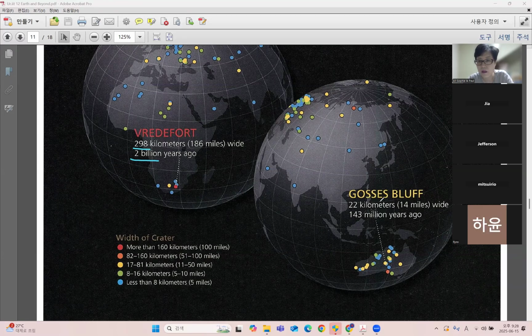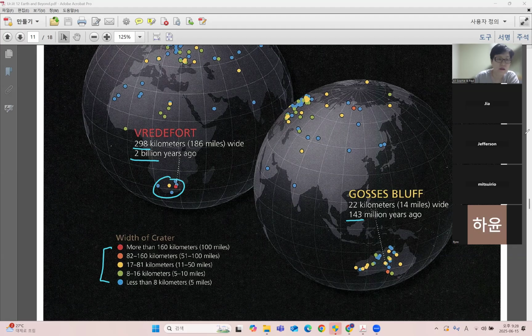And then Gosses Bluff is 143 million years ago. It hit, this one is in Africa, but this one is in where? Australia. And here, width of crater more than 160 kilometers. Here is the key. And 80 to 160, 17 to 81, 8 to 16, and less than 8 kilometers.